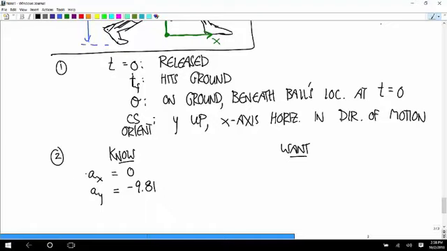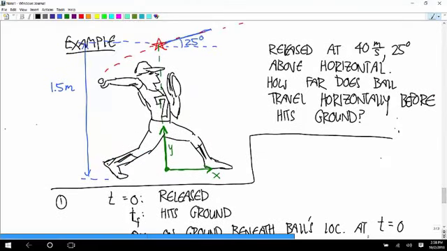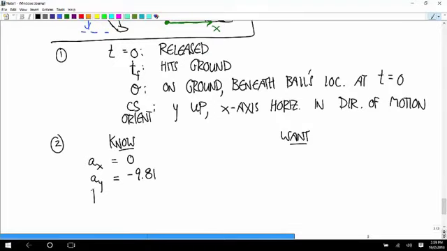Do we know anything about the initial position? Yeah, so remember the initial position vector is the coordinates of the ball at time equals 0. So we're looking for the coordinates of this red star. What's the x coordinate? So 1.5 would be the y component. X would be 0. So pix is 0, piy is 1.5.